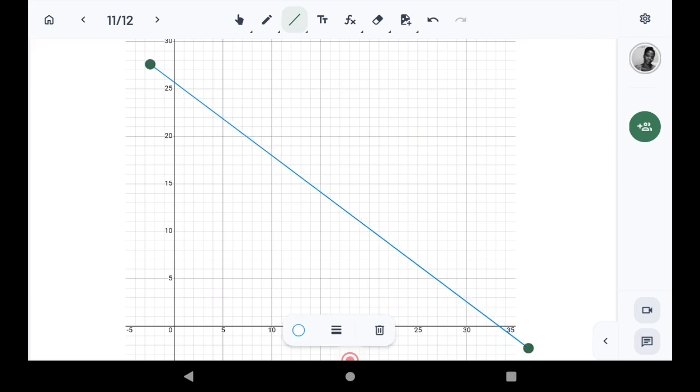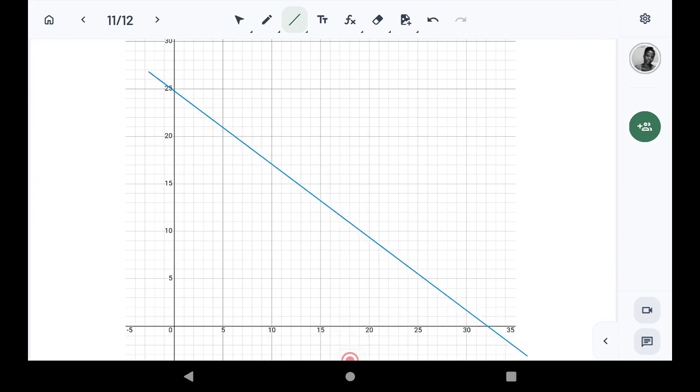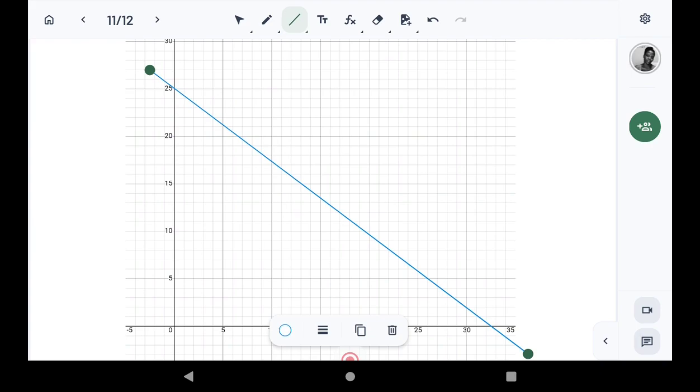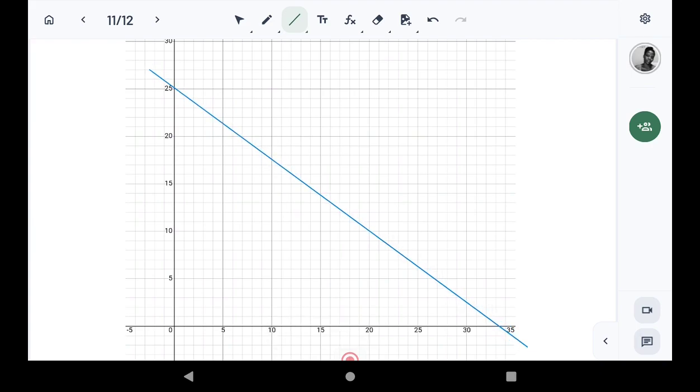It must be on 25 on the y-intercept. And then over here it must be on 33 and a third. Okay, let's change the color and make it red. All right, that's the first equation.